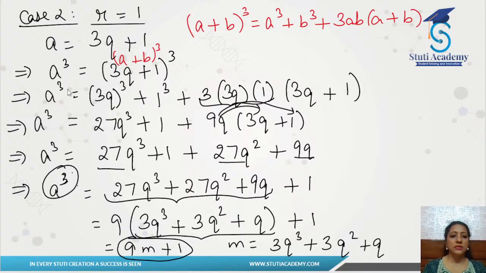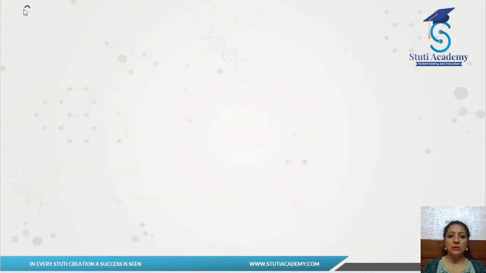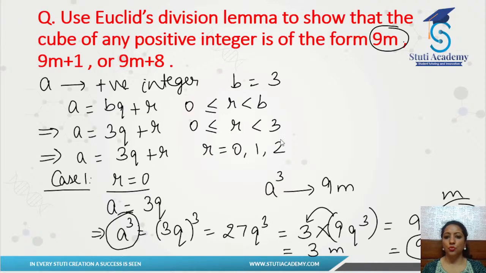Now this was our case 2. In the same way, we are going to discuss case 3. In case 3, we are going to take the value of r as 2. So we are done with 0, we are done with 1, we are now left with 2. Once we put r is equal to 2, we will get 3q plus 2.